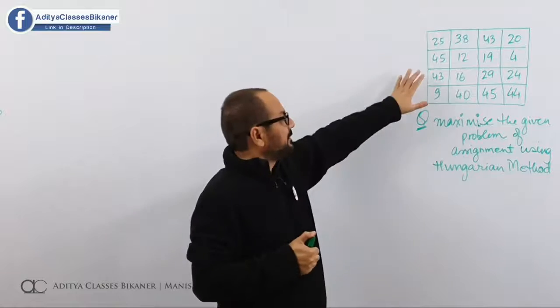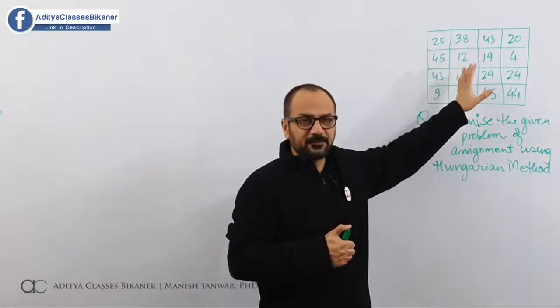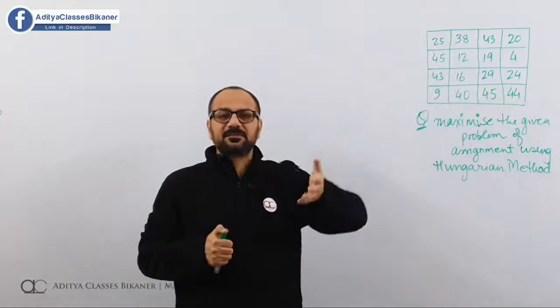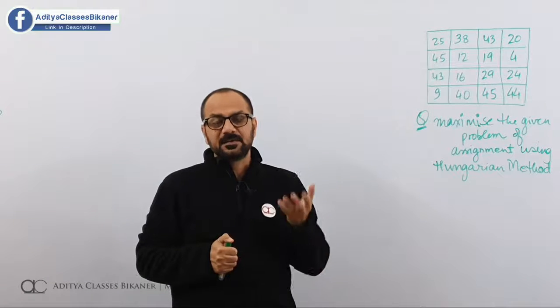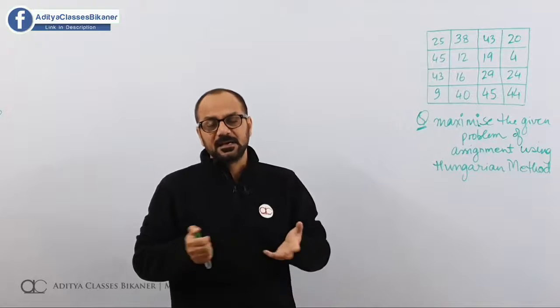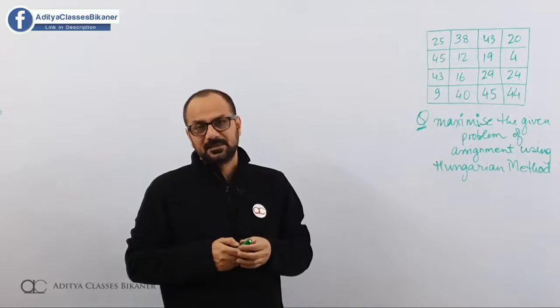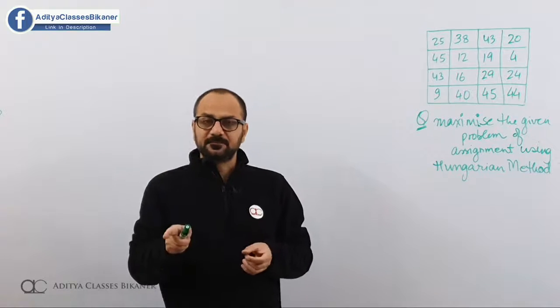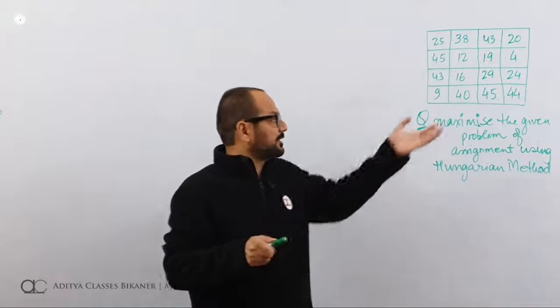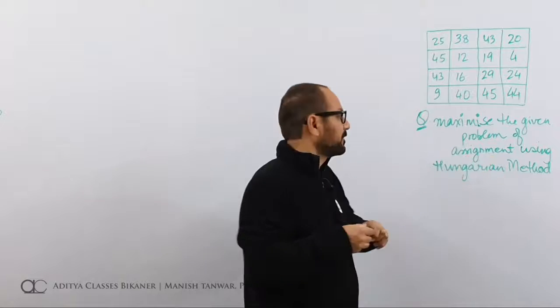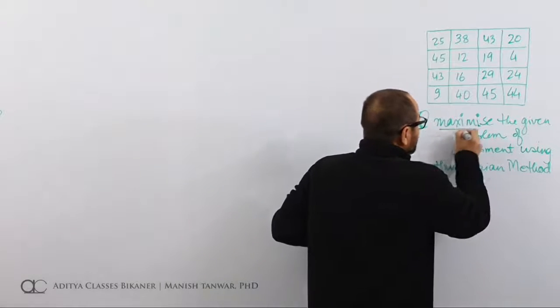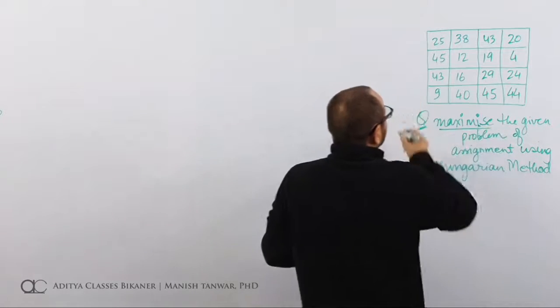It might so happen that whatever numbers are given over here are not costs, these are profits, these are gains, these are sales. Now if these are profits, gains or sales, I definitely want to maximize them. But if I try to solve it using the normal assignment problem, then it will get minimized. I'll get minimum profit, I'll get minimum sales. So here the important thing is to maximize the given problem.